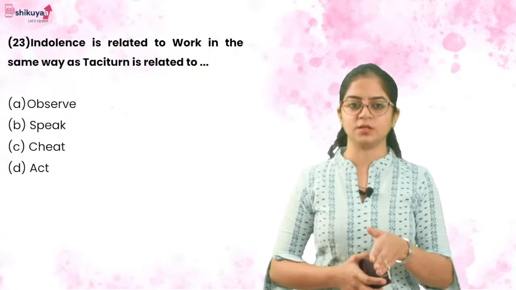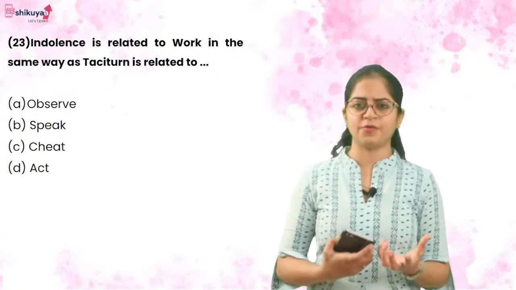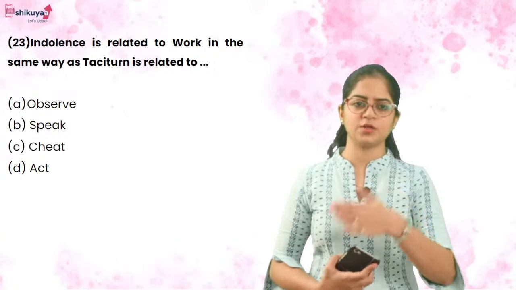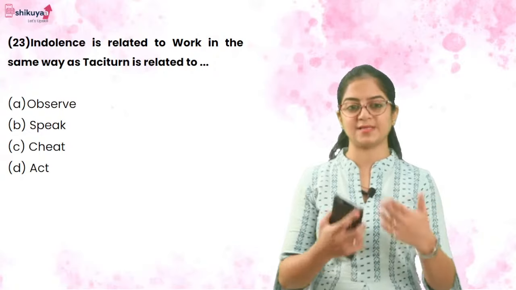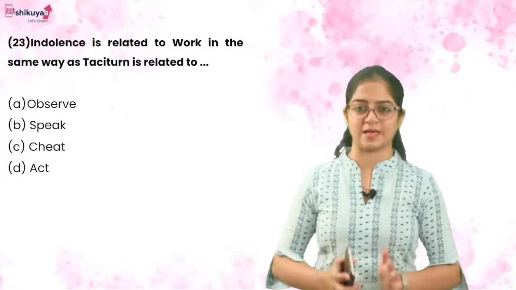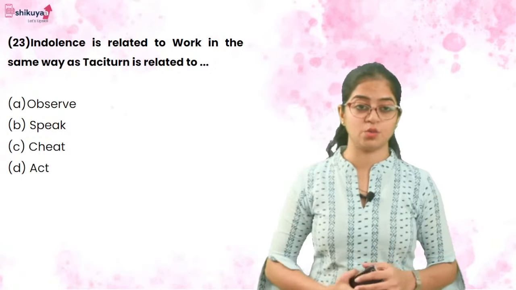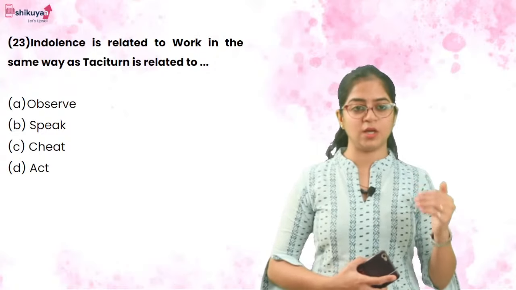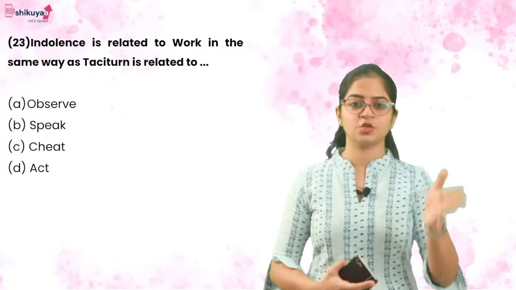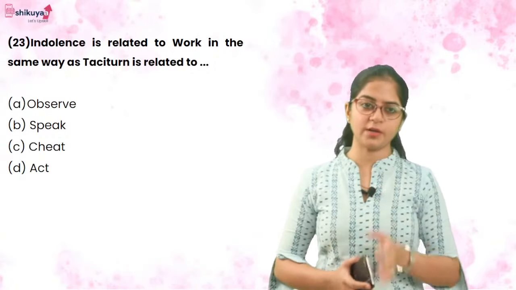Similarly, indolence is related to work, meaning the one who lacks in working. In the same way, taciturn is related to the one who speaks really less. You have to be aware of such words. Observe, speak, cheat, act. Of course, taciturn means the one who speaks really less, so it is related to speaking. That's option B. Got it?